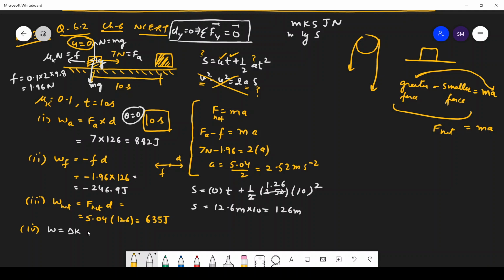Work done, students, always remember, this work done is not the work done by the net force alone. This is work done by all forces.